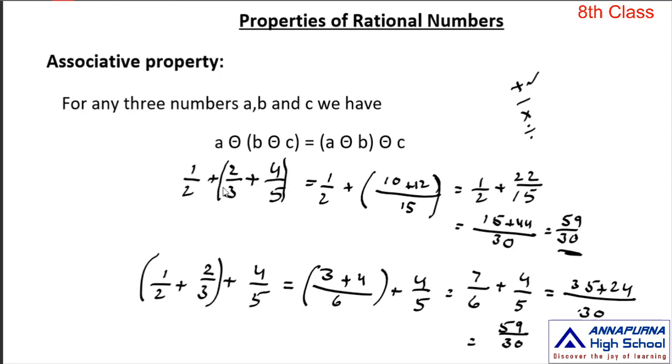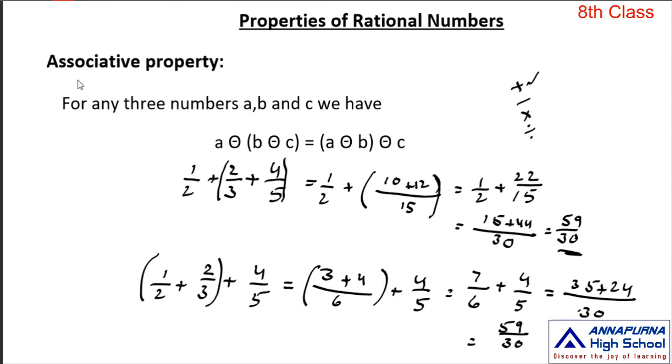In this statement, the addition is repeated two times. In the first case, which addition did you apply first? The second one. In the second case, we apply the first addition first, but the result is the same. That means when you apply these two additions in any order, you get the same result.